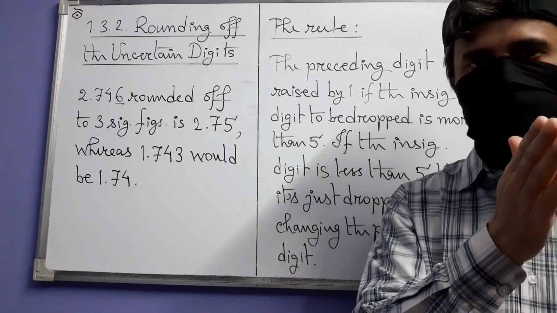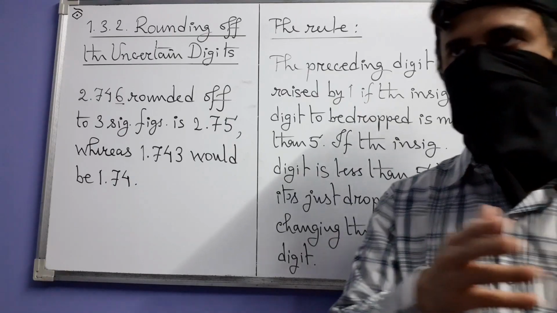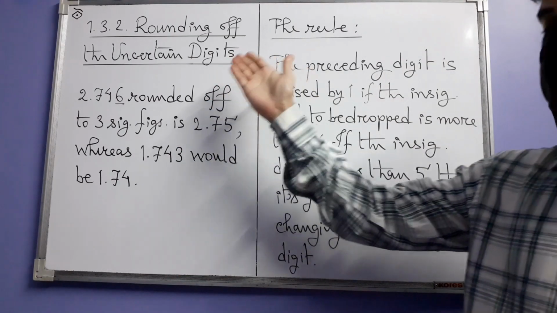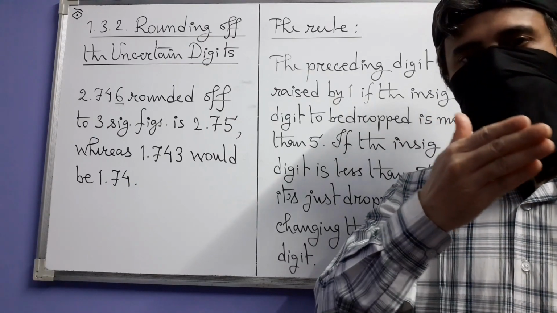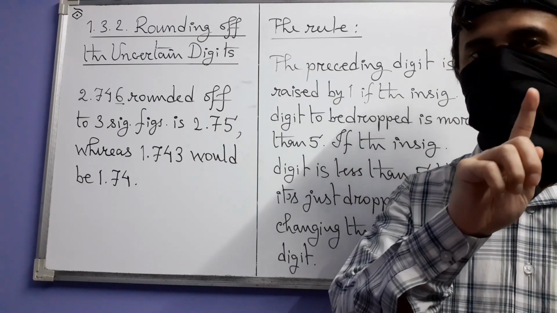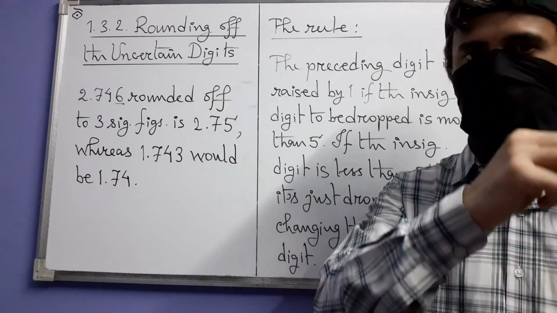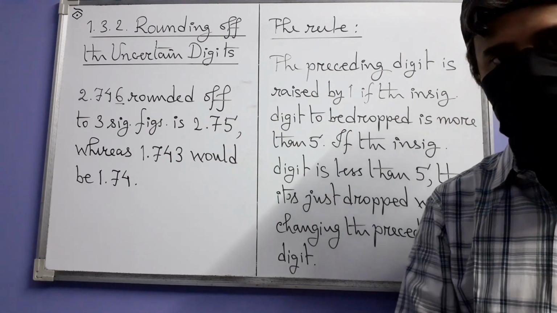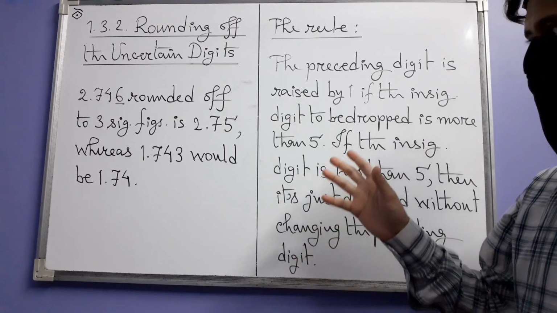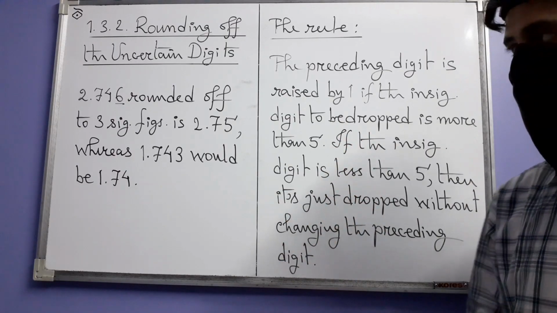So that means you have to remove some digits, and that's where rounding of uncertain digits comes in. So your final answer should have only one uncertain digit, which is the last one, and the ones before that are certain digits. But how do you do that?